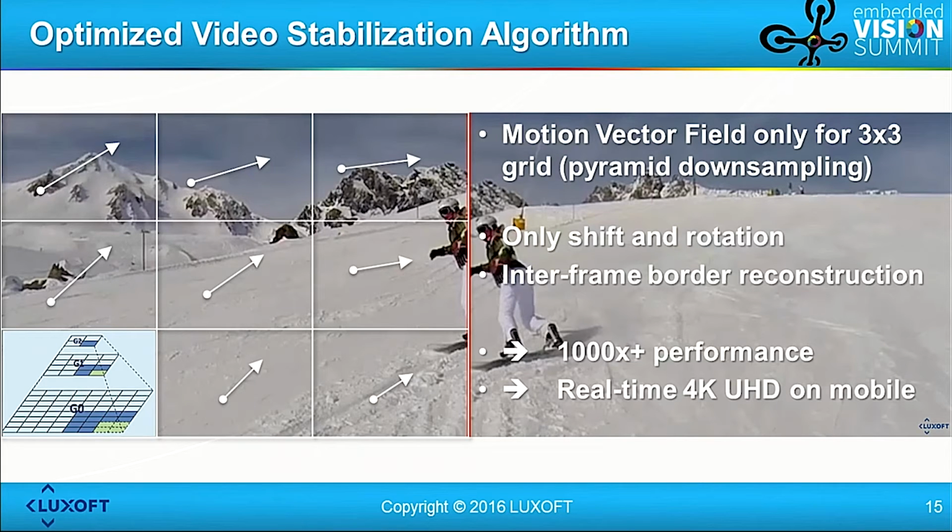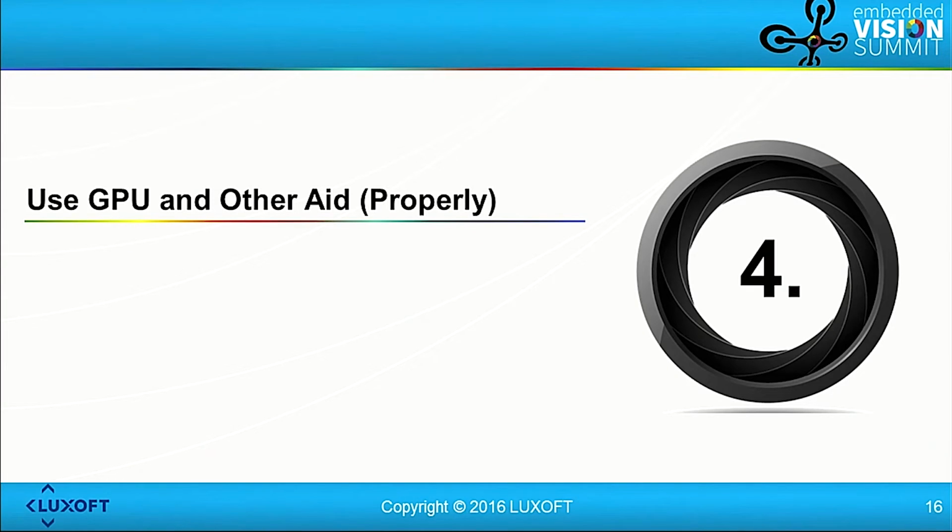For most of the consumer shooting, we actually derived that it's sufficient to only take 9 vectors, and it's already enough to make pretty high quality consumer motion stabilization. We do some other tricks, but generally it's, again, more than 1,000 times the performance.